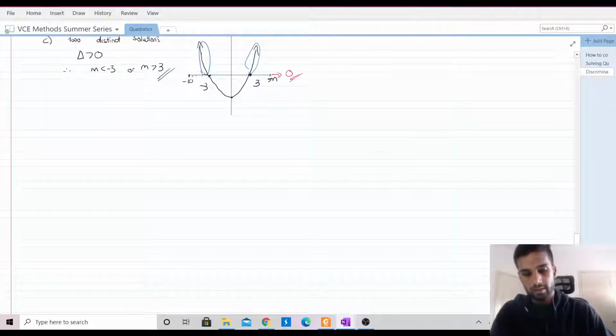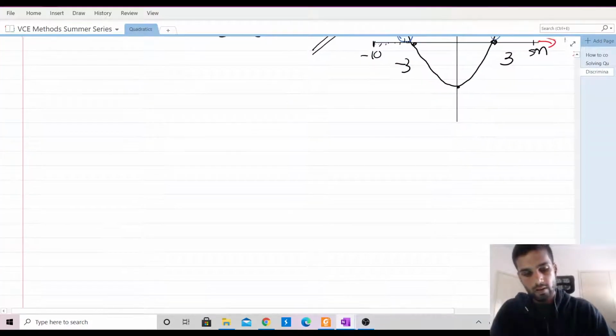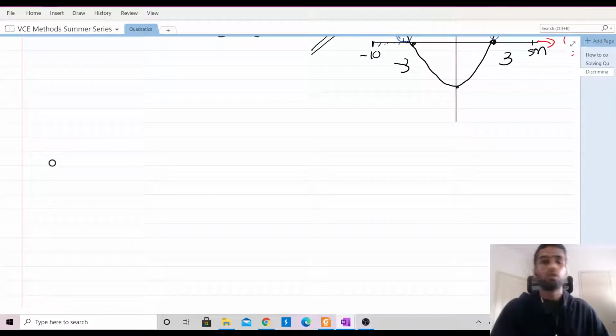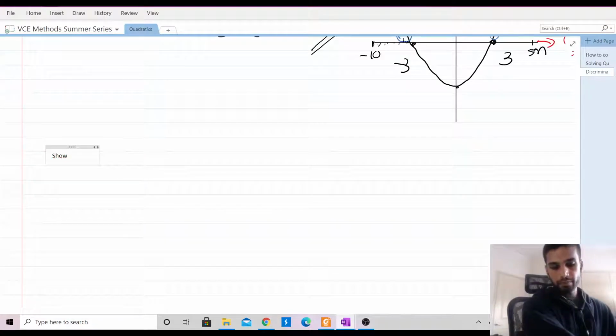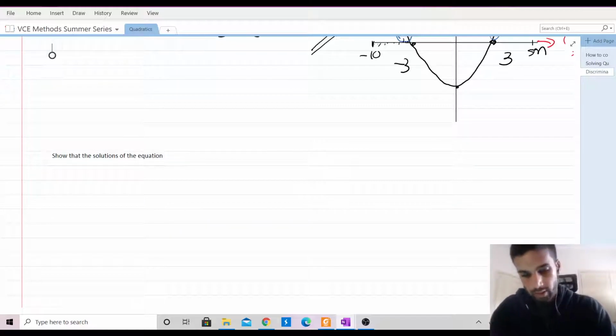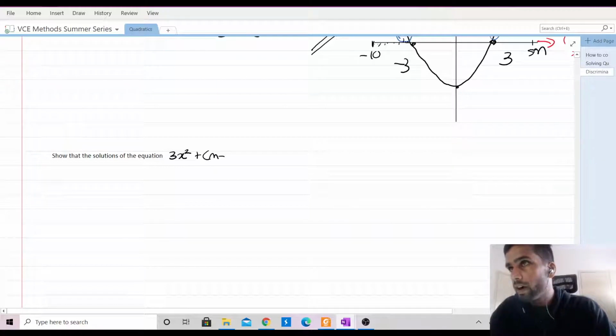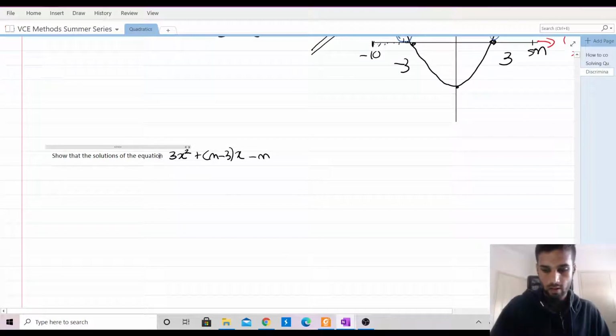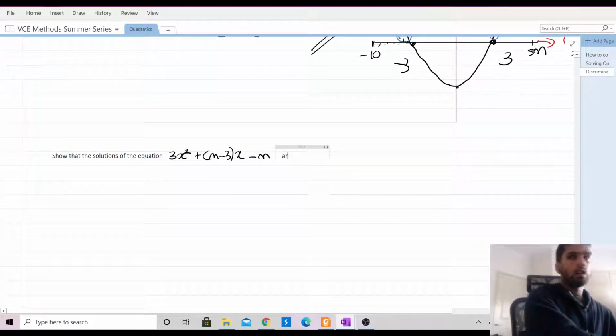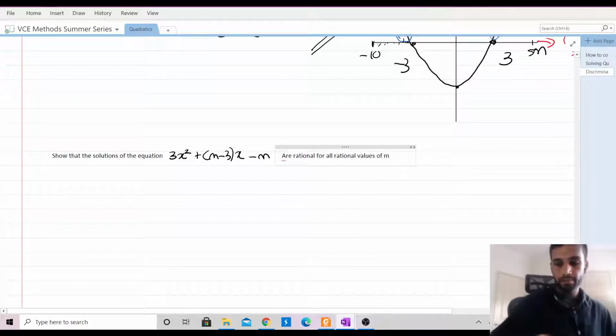And that is, we want to show that the solutions of the equation, let's write the equation here, 3x squared plus m minus 3x minus m are rational for all rational values of m.